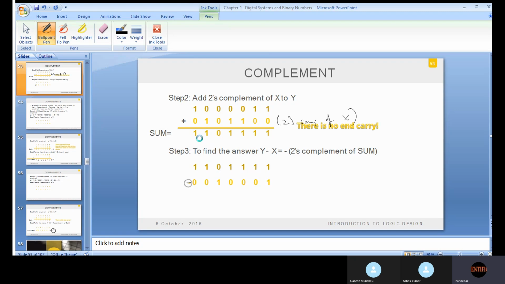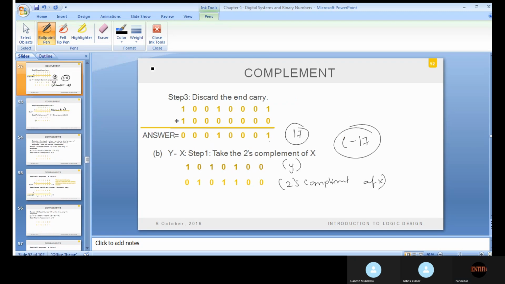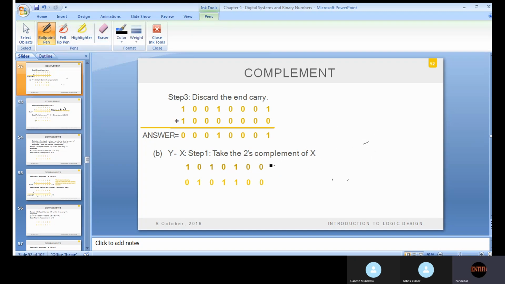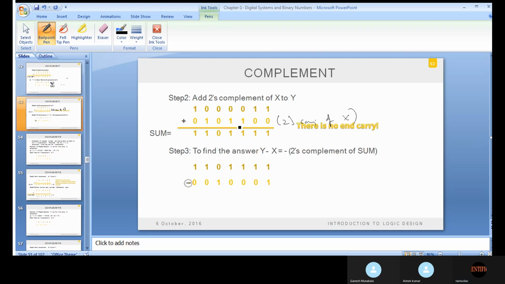So this is your x, y, and this is your x. Okay, add 2's complement of x to y. So this is 2's complement of x.